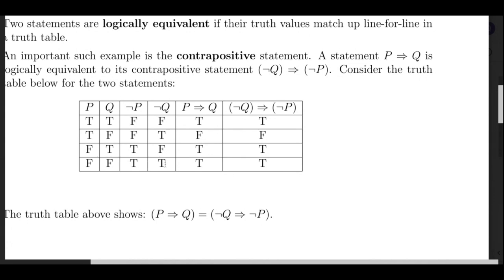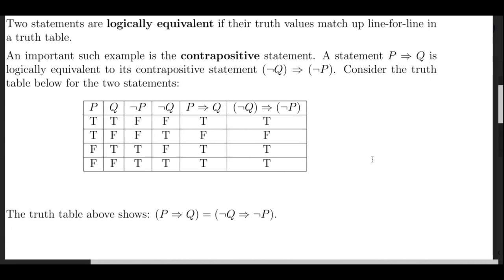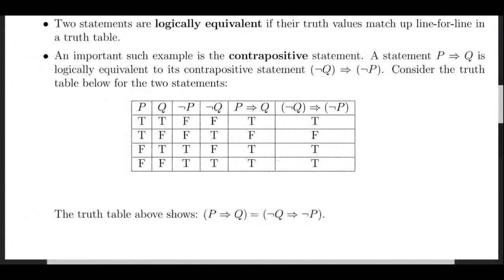And if not Q is true, not P is true, then not Q implies not P is also true. Okay, anybody has any question with this? I would suggest you switch those two columns, put not Q in front of not P. It'll be more obvious.